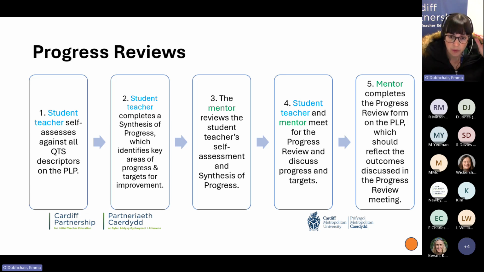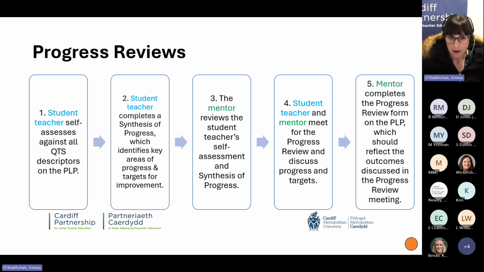The first part of the process, as I mentioned a moment ago, is that the student teacher self-assesses against all of the 32 elements of the QTS descriptors, and they will do that on the PLP. Once they've done that, you will be able to see how they've judged themselves. They will be using those same descriptors of unaware, aware, capable, QTS plus. But of course, as we know of novices, they can be less proficient early on at self-assessment.